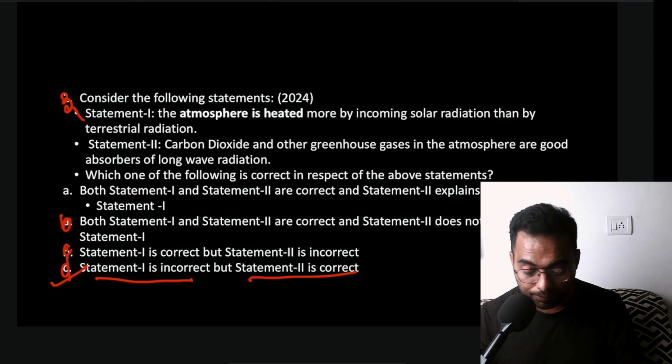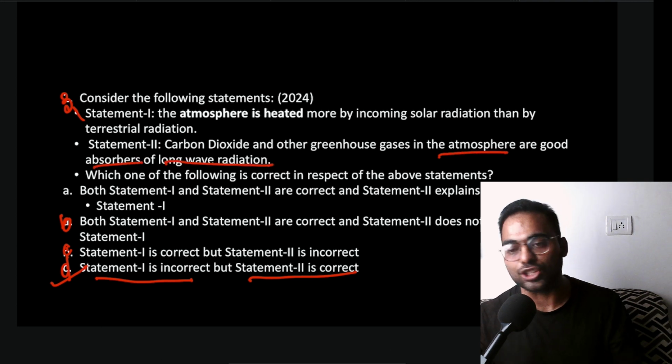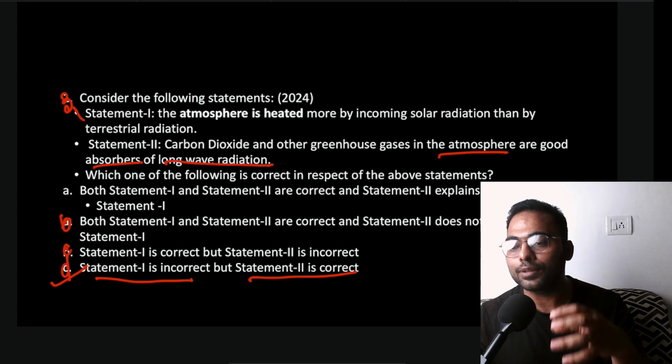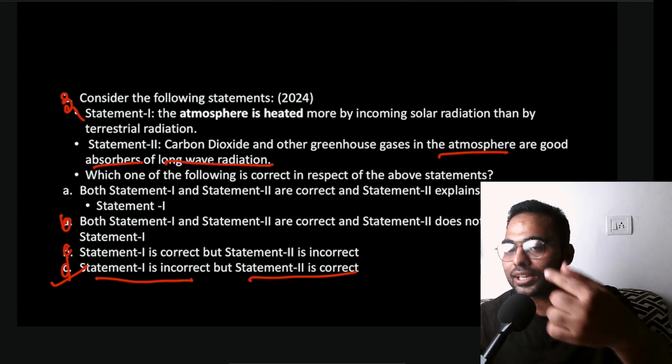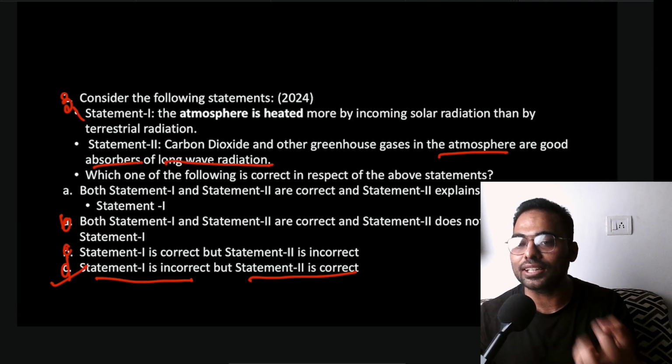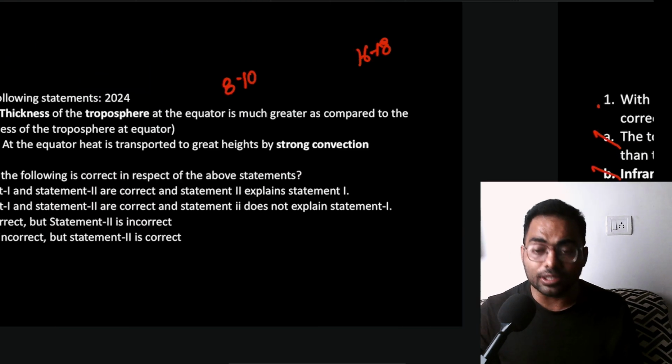Let's look at statement two, which says that carbon dioxide and other greenhouse gases in the atmosphere are good absorbers of long-wave radiation. We have just understood that long-wave radiations, with lesser energy, will not be able to make it through, but will be absorbed by the greenhouse gases. So this is correct.